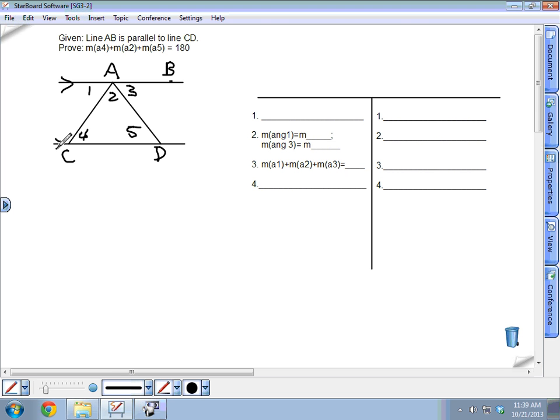That's all we've been given. And they put some angles in here. Because I didn't have the angle symbol, I just used A for angle here.